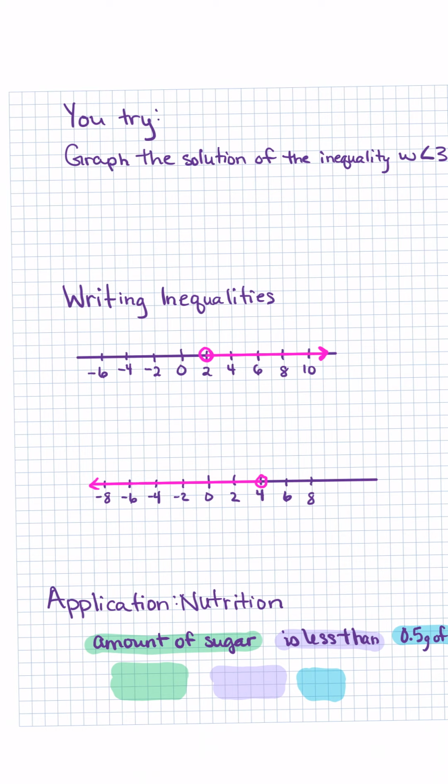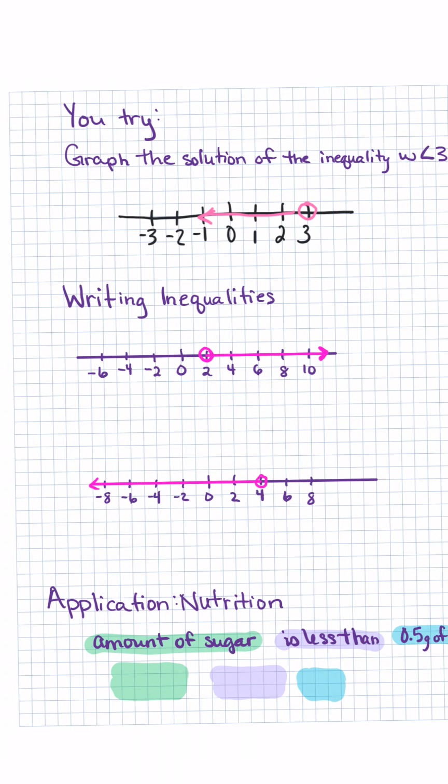So sometimes you'll have to draw your own number chart. Try this one on your own. Graph the solution of the inequality w is less than 3. Okay, so you should have an open circle on the number 3 and then the arrow pointing less than, so to your left.